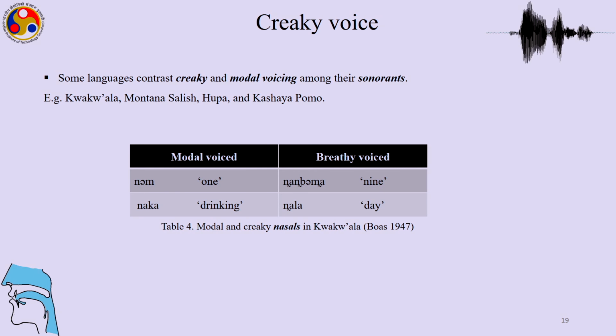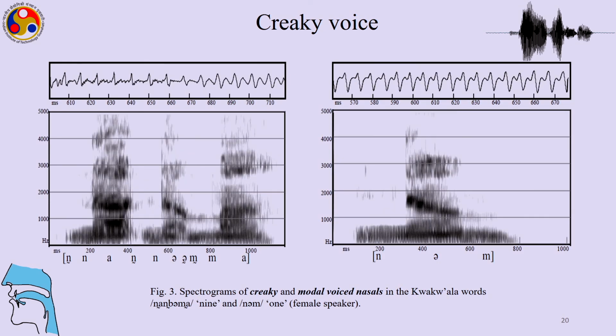So, these are Kala examples from Boas 1947, and you can see the spectrogram and waveforms here of creaky and modal voice nasals. What is important to see here is the difference between the irregularly paced pulses here and the regular pulses here. Irregularly paced pulses are a distinguishing feature for creaky voice.